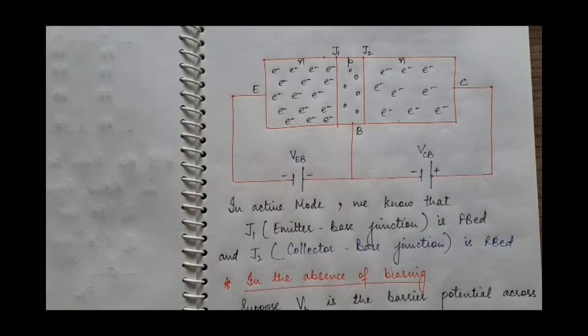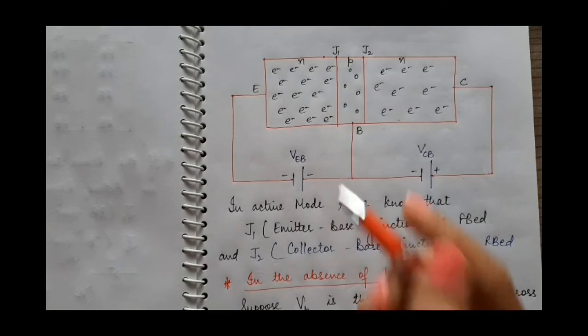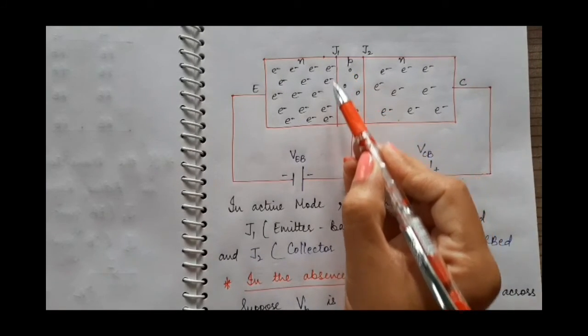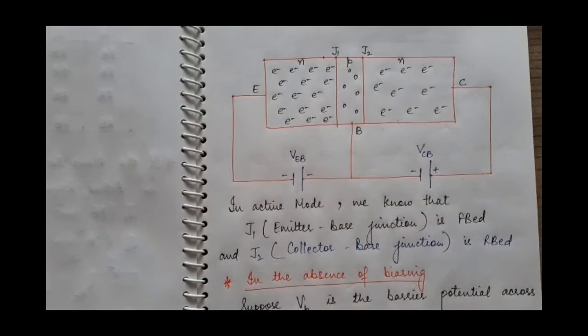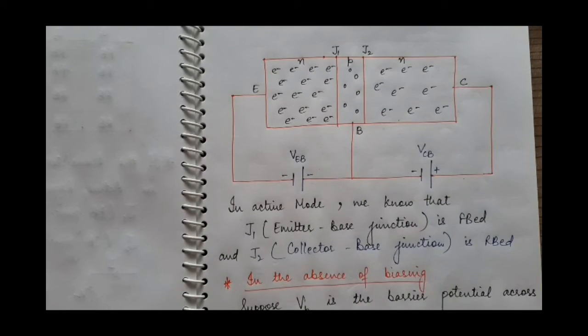So now what will happen after we have applied biasing across J1 and J2? As we have just discussed, across J1 the potential barrier VB is reduced. Now this junction will provide low resistance to the flow of majority carriers.